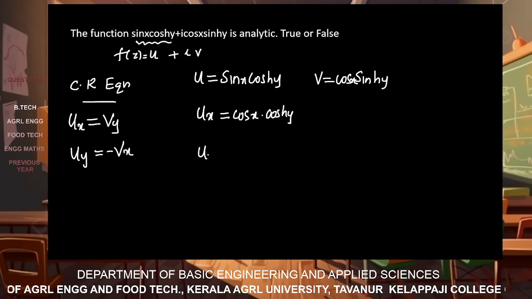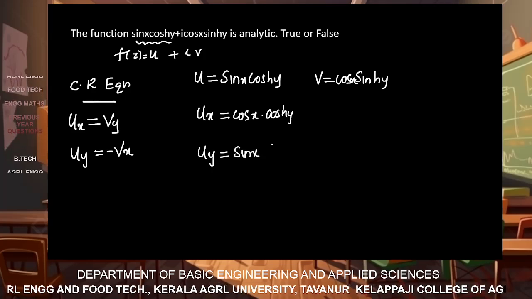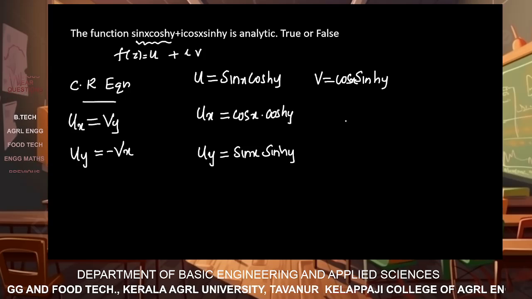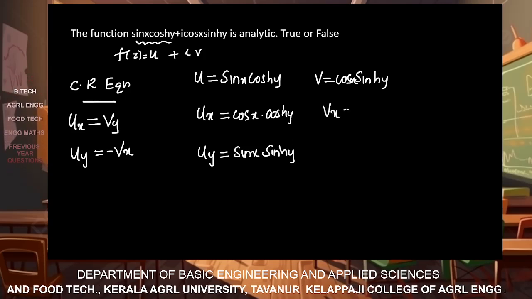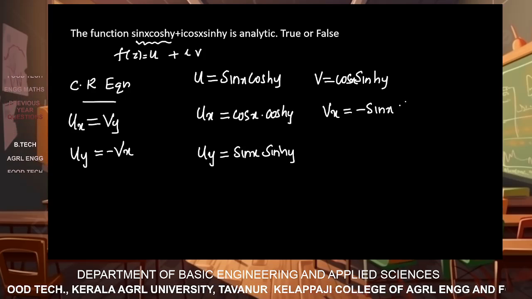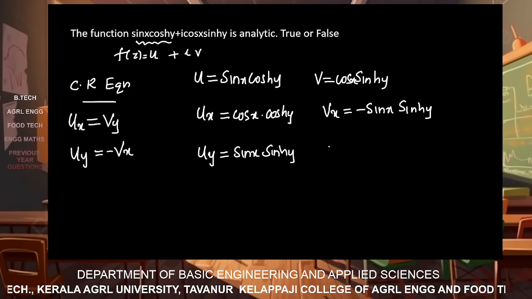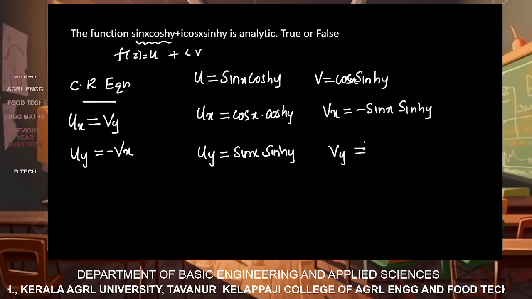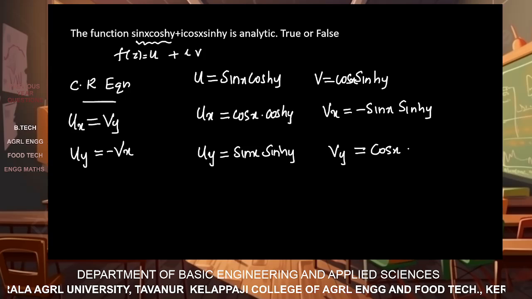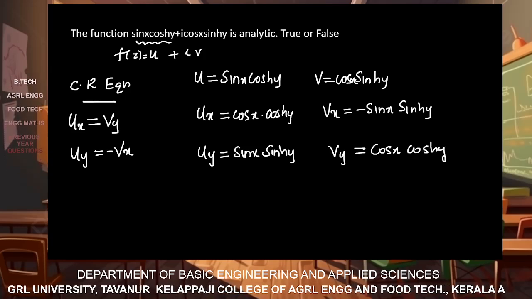For uy, sin x is a constant and the derivative of cos hy is sin hy, with no negative sign. Now vx: the derivative of cos x is minus sin x, times sin hy. And vy: cos x is a constant and the derivative of sin hy is cos hy. Again, there is no negative sign.